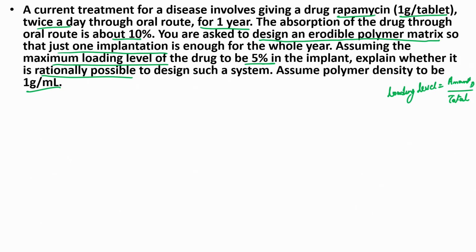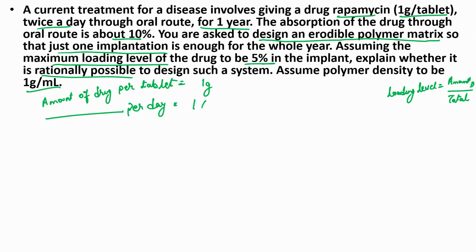So, we know that the amount of drug per tablet is 1 gram. And then this tablet is taken twice a day. So, amount of drug per day is 1 into 2, which is 2 grams that is being taken.